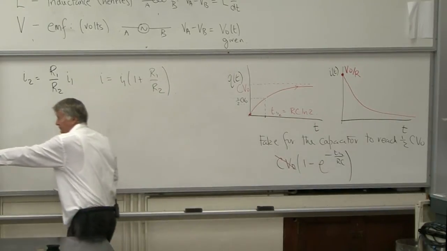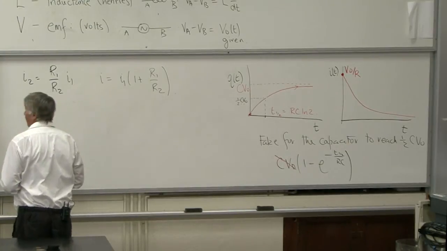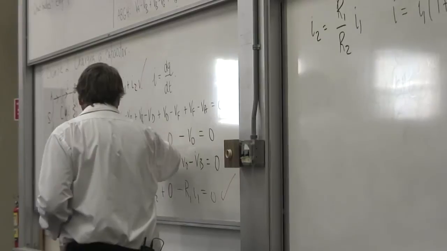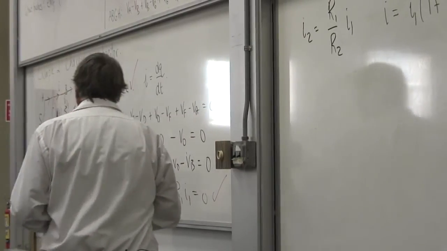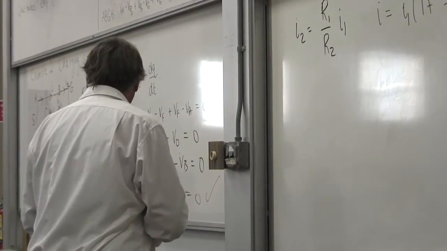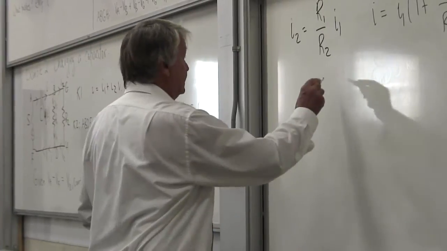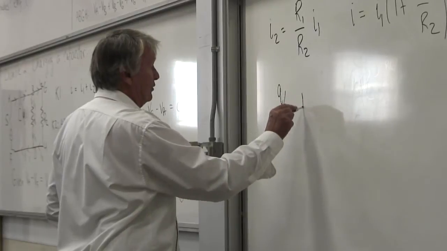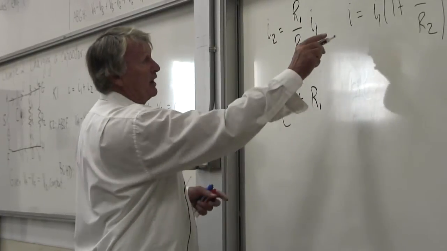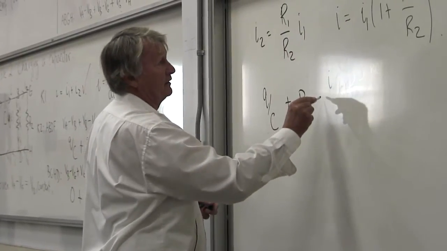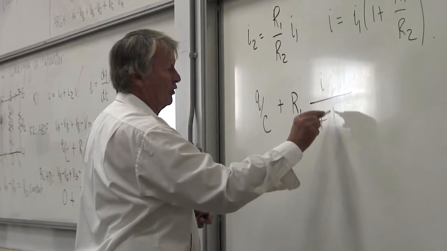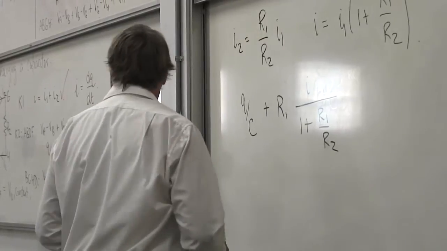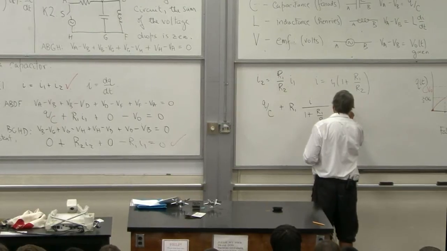Now from the middle equation, I have Q over C plus R1 I1, where I1 is I over (1 plus R1 over R2), and that equals V0.